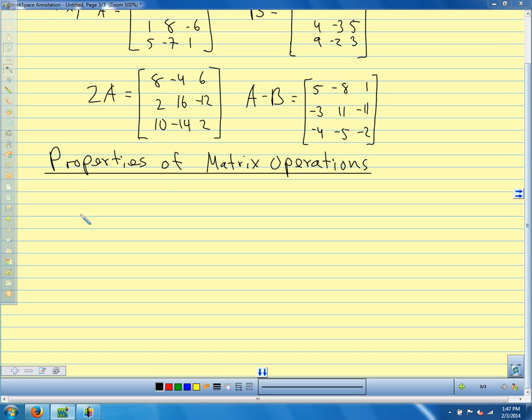First off, I'm going to say that a large 0 is the zero matrix. It's a matrix where every element is 0.